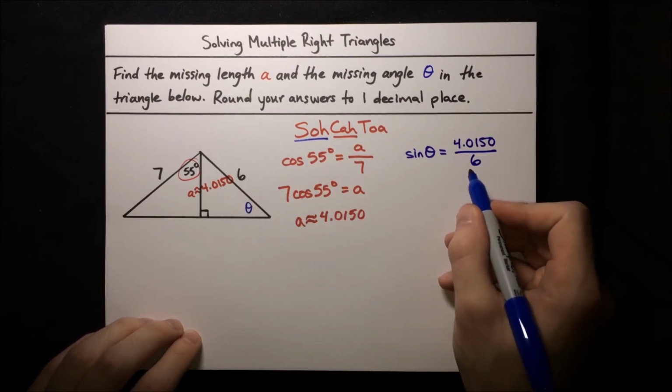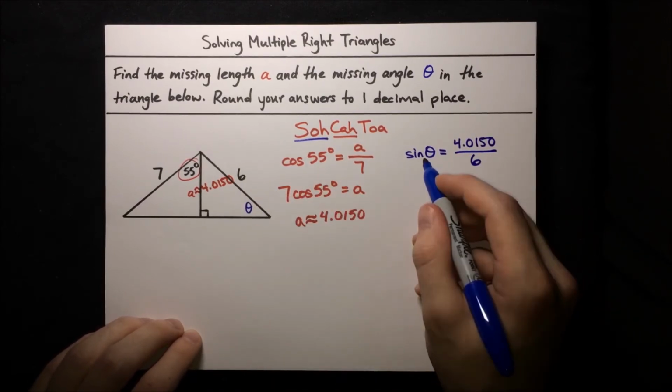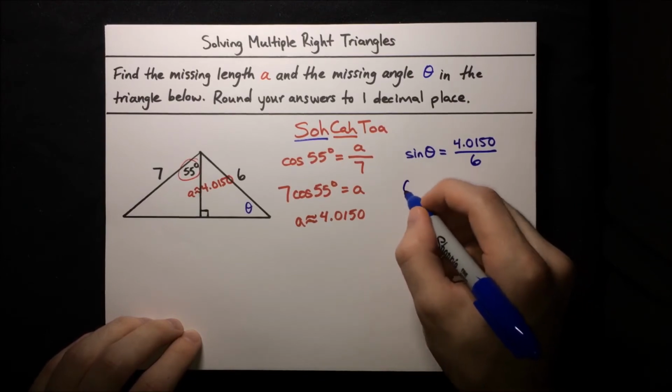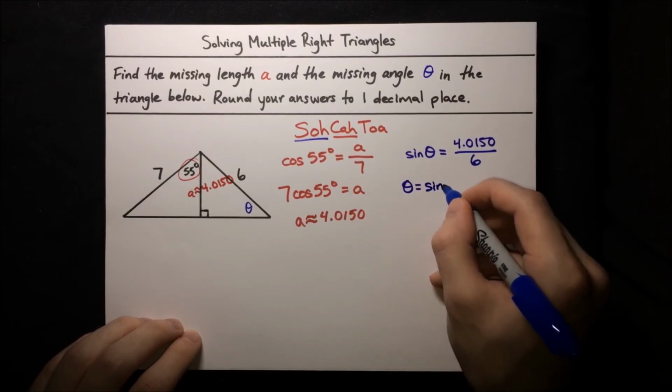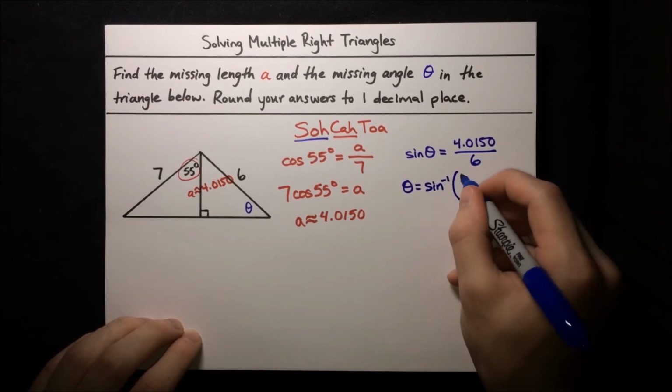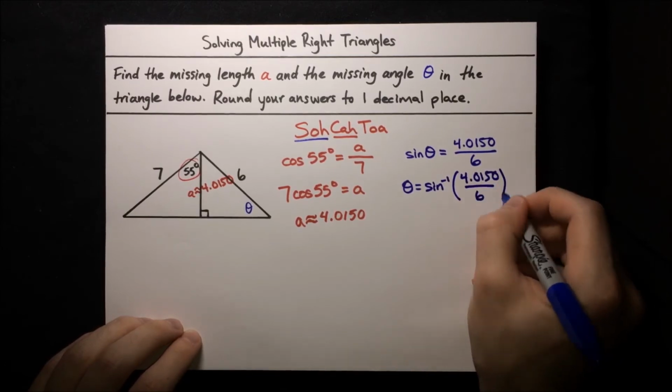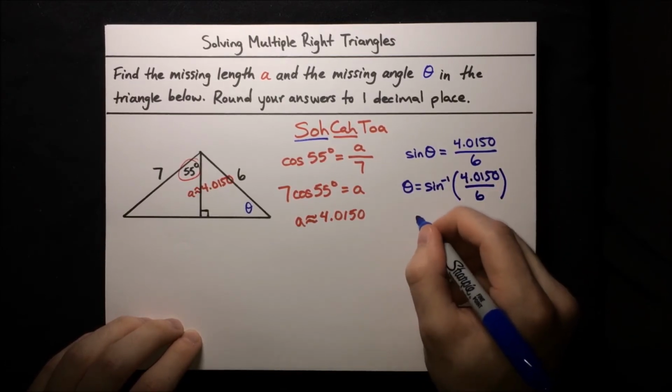Okay, so now we want to solve for theta. And the way we can do that, we can cancel out this sine by applying the inverse sine. So theta is just inverse sine of that right-hand side argument, 4.0150 over 6. And we'll go ahead and punch that into the calculator.